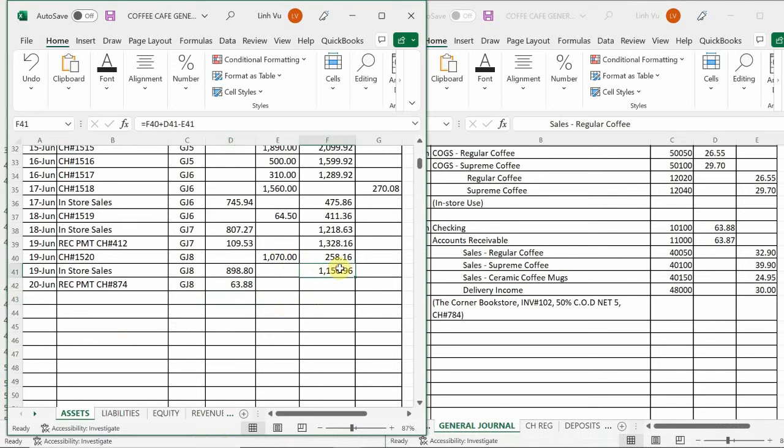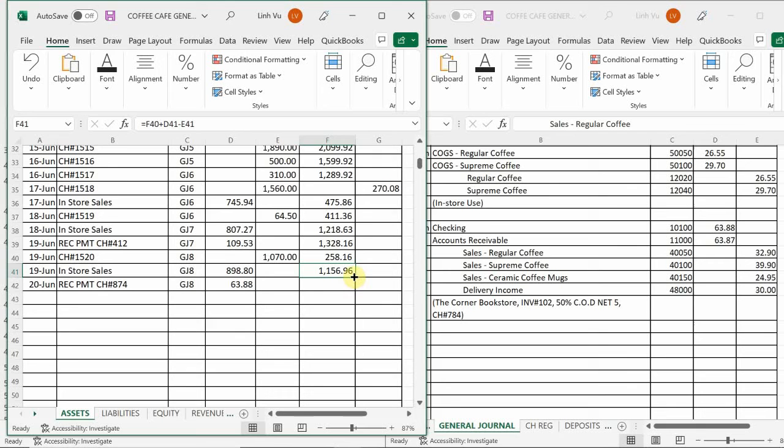So how much money should I have in the bank? 1,092.77.